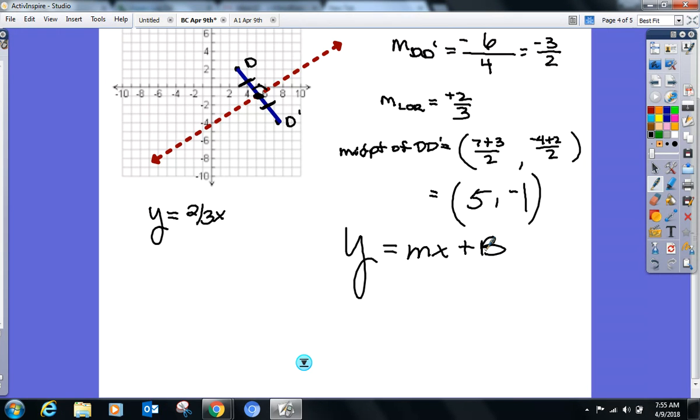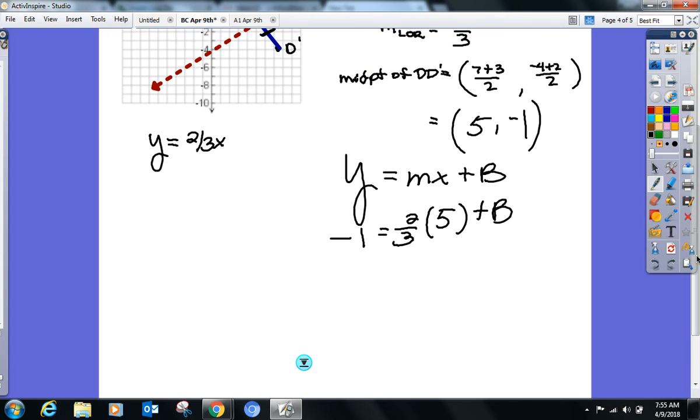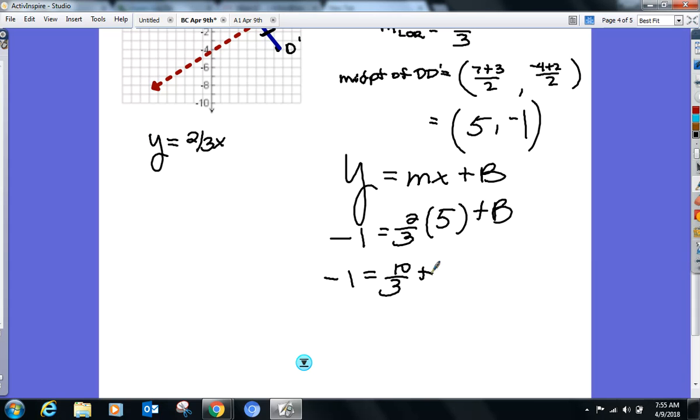Here we go. What's the y coordinate I know it goes through? -1. Slope of my line of reflection, 2/3. X value, 5. And now I'm solving for b. No sympathy to you guys, because everyone's got calculators that have your fraction templates, most of you anyway. So we end up with -1 equals 10/3 plus b.